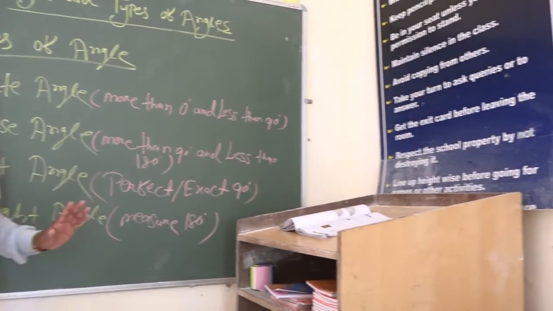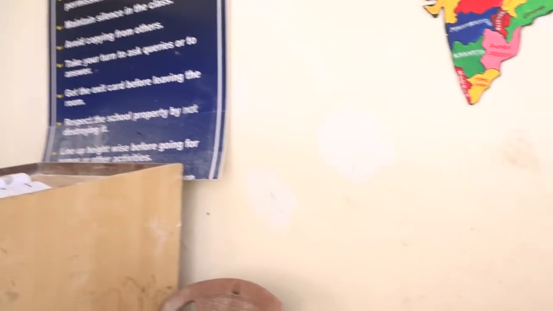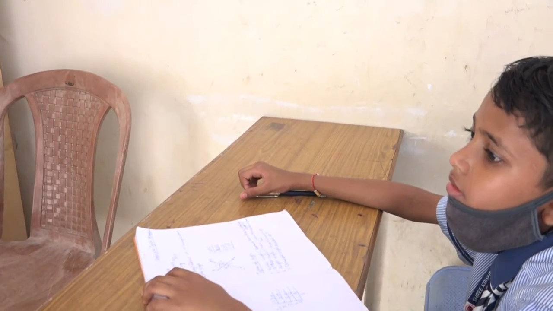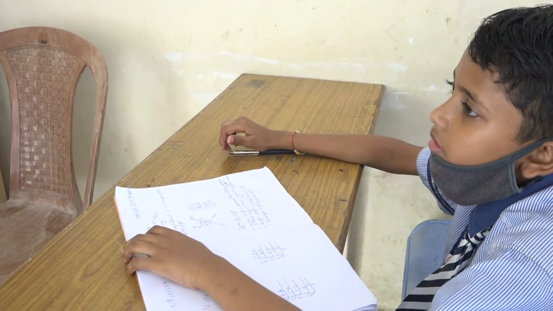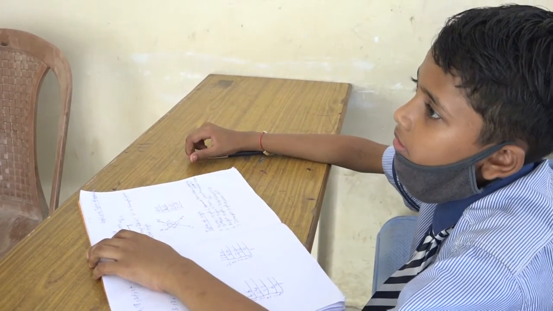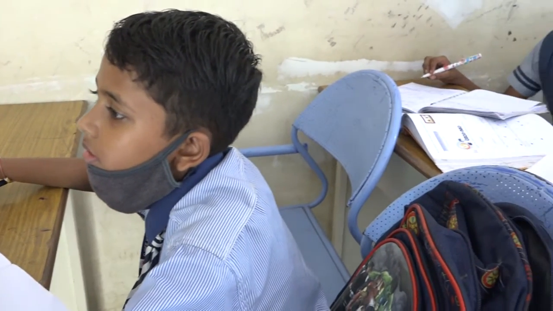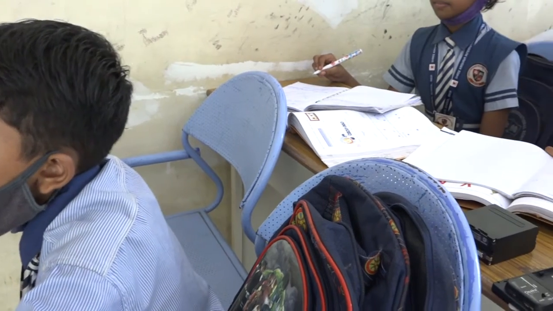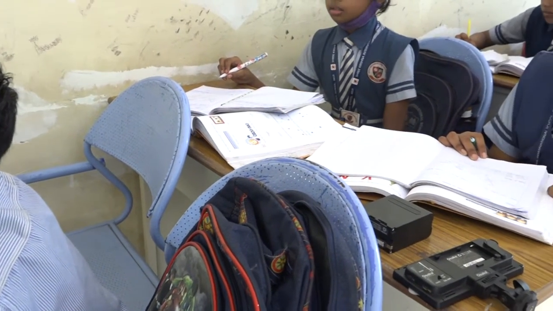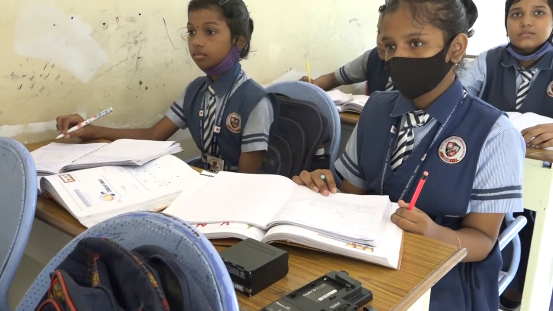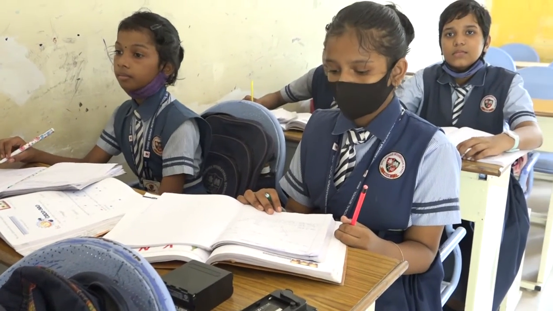Right angle means exact 90 degree. And the last one is the straight angle. Straight angle means 180 degree, a perfect straight line.